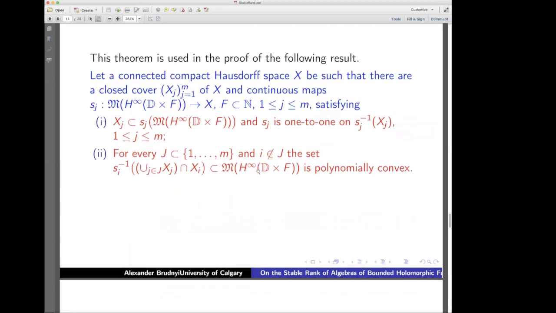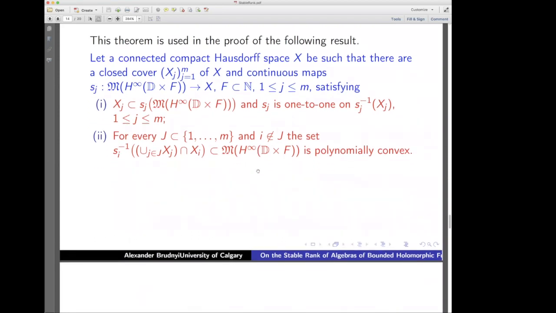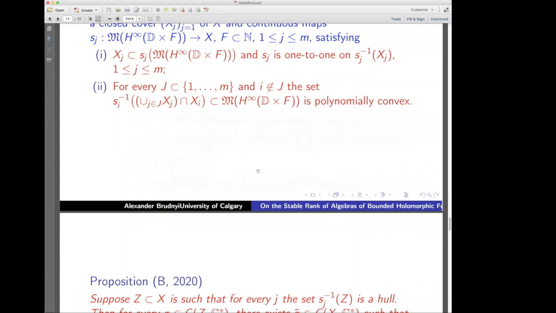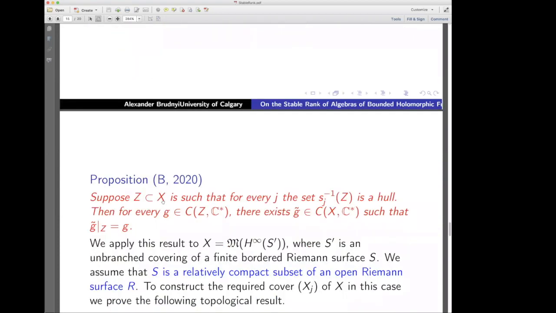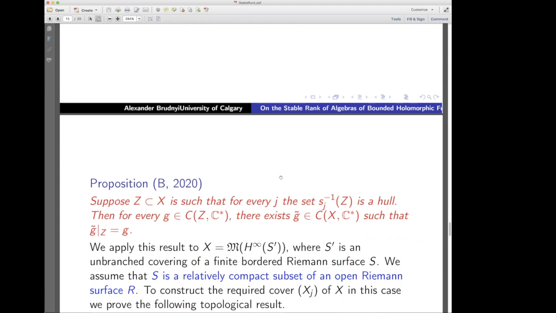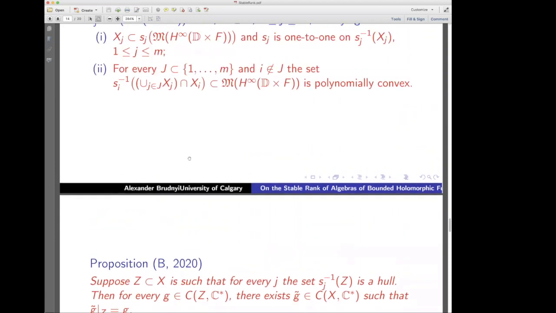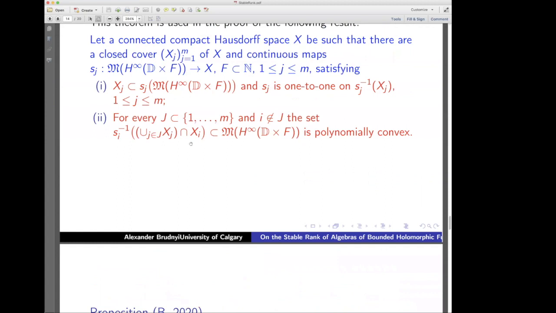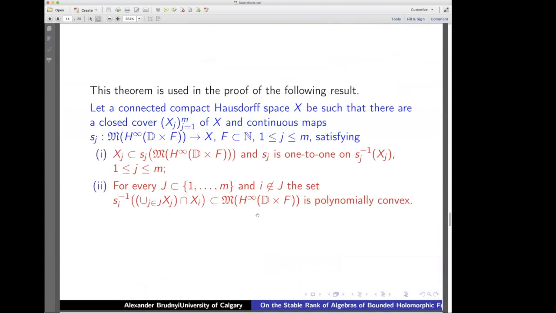Now, under these conditions, we obtain the following general result. Suppose that Z is a closed subset of X, such that for every j, the set Sj inverse of Z is a hull inside of this maximal ideal space.